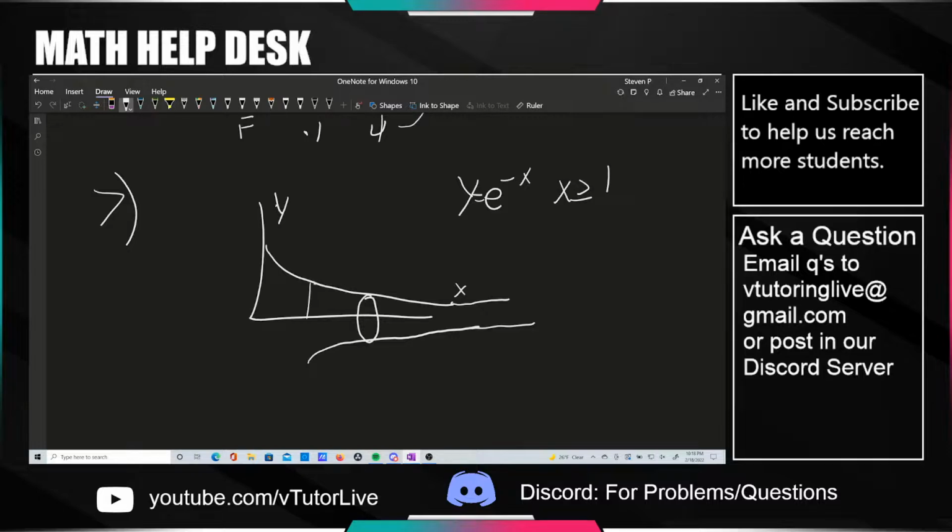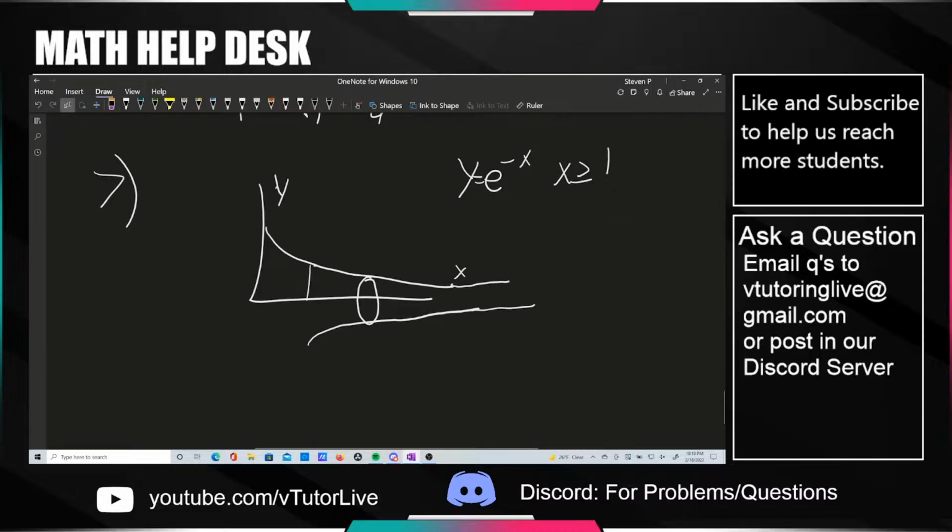The reason it's not so obvious is because x goes off to infinity, right? But y is equal to e to the minus x gets small really, really, really fast. So it's not clear whether or not the fact that x is infinite wins out, or if y gets small enough for the areas of these disks to get small enough as you go forwards for the volume to end up being finite.